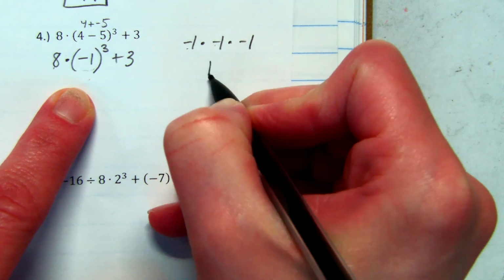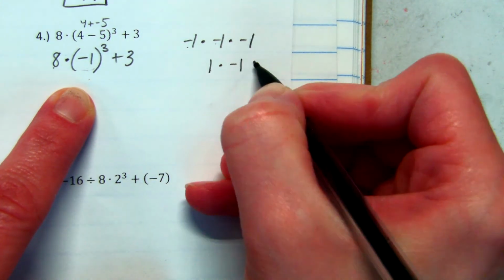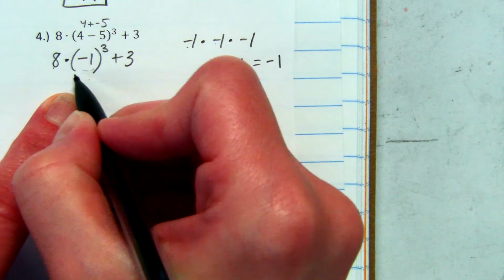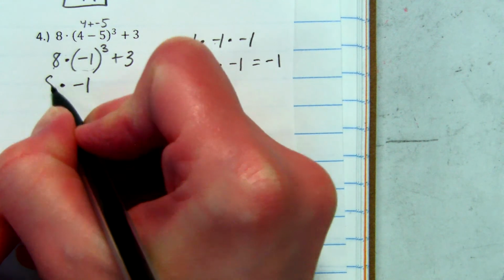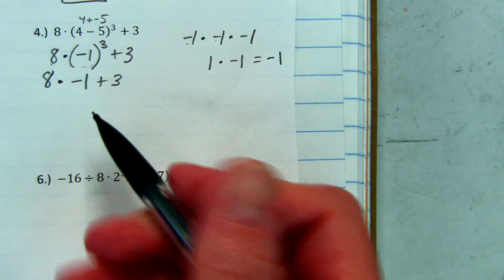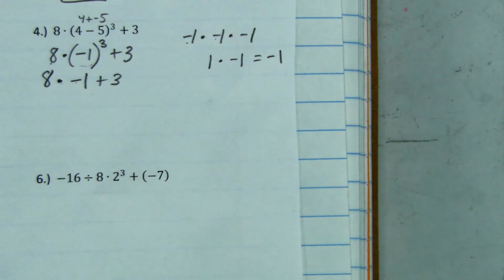That would come out positive 1. Then I have to take it times negative 1 again, and it's going to come out negative. So this is going to end up being negative 1. And I can take the parentheses off there if I want to, or I could leave it in parentheses if you like to keep this symbol separate from that symbol. Sometimes they'll do that. But when you have a negative raised to a power, you really have to think about what the sign is going to be.